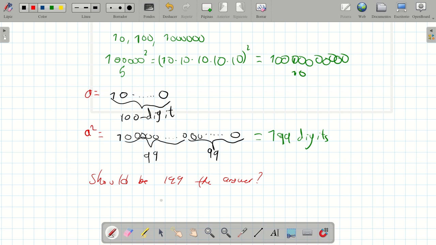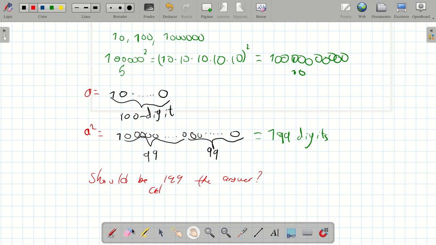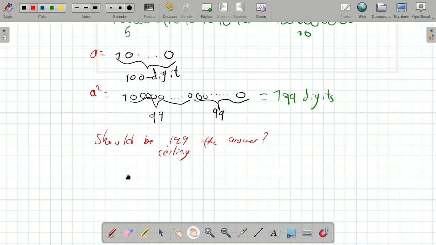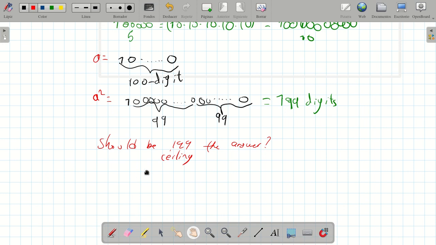So we are not sure about that. Now we need to find our ceiling, right? Sorry for my English, I'm learning. How can we do that?